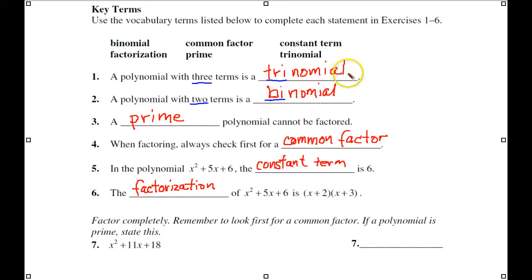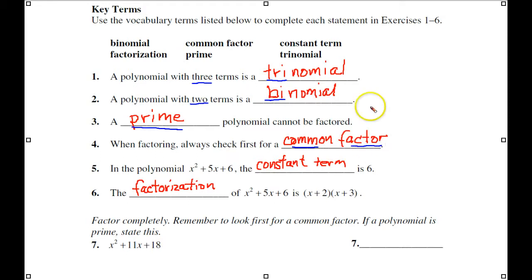Now, when we get a trinomial, sometimes it cannot be factored. Those that cannot be factored are said to be prime. Again, the first step in factoring is put it in usually standard form, but then check to see if there's a common factor that can be taken out of each term.